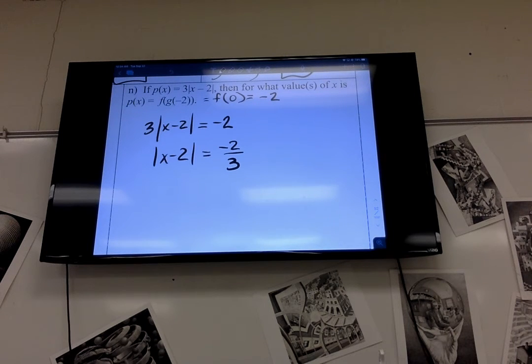But it's already saying, hey, when you take the absolute value, it equals a negative number, and that's not possible. So that would be no solution. Or you can write that there are no values. There's like this big old long. But that just means no solution. This is fine.